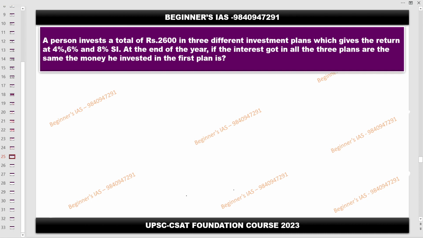So listen, check whether we can use this one or not. Simple interest is equal to P into R1 plus R2 plus R3. Can we use this or not?